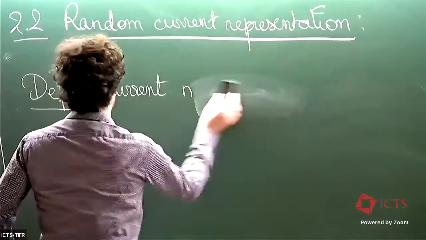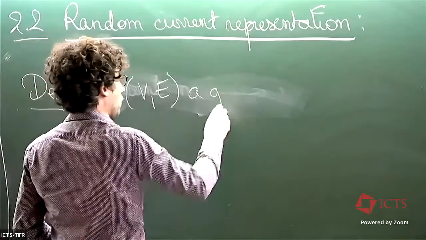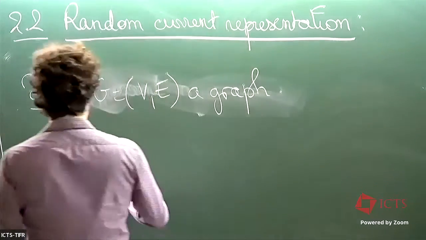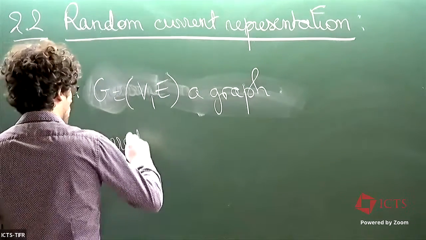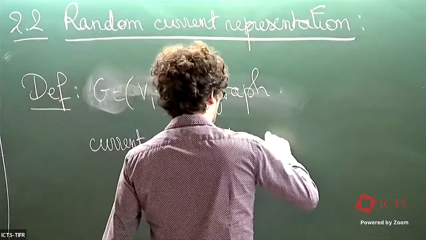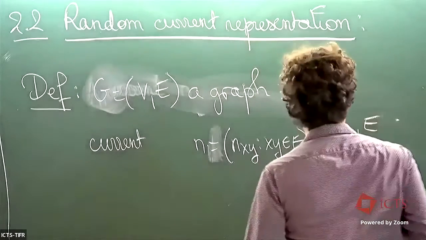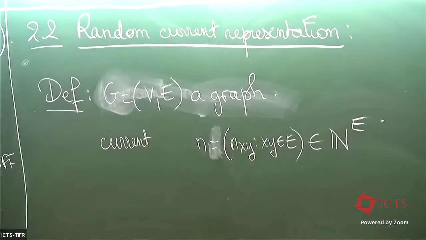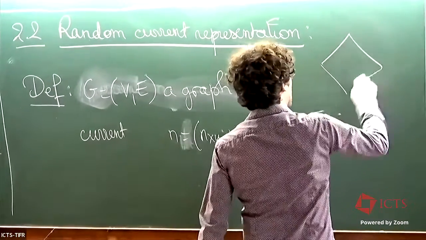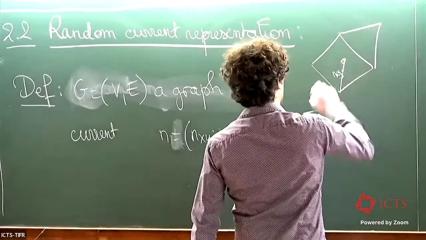I'm going to fix G, a graph with vertex set V and edge set E. So a current is just an element n, which I would write n_xy for xy an edge, of the functions from edges to the integers. So on every edge of my graph, I just put an integer.